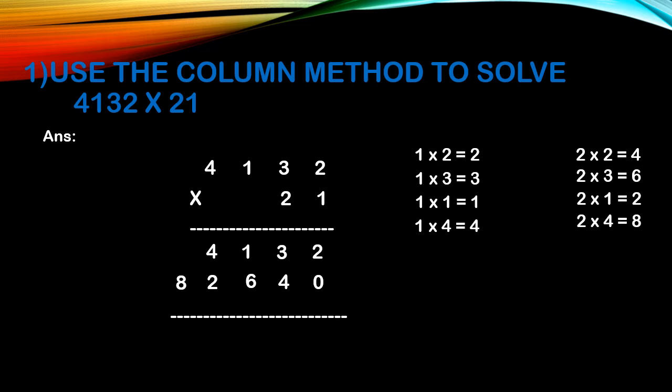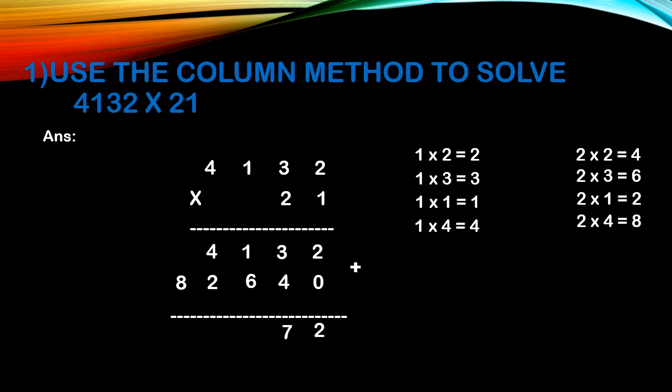The next step we have to multiply the tens digit by the 4-digit number. After that, the fifth step, we have to add these two partial products.